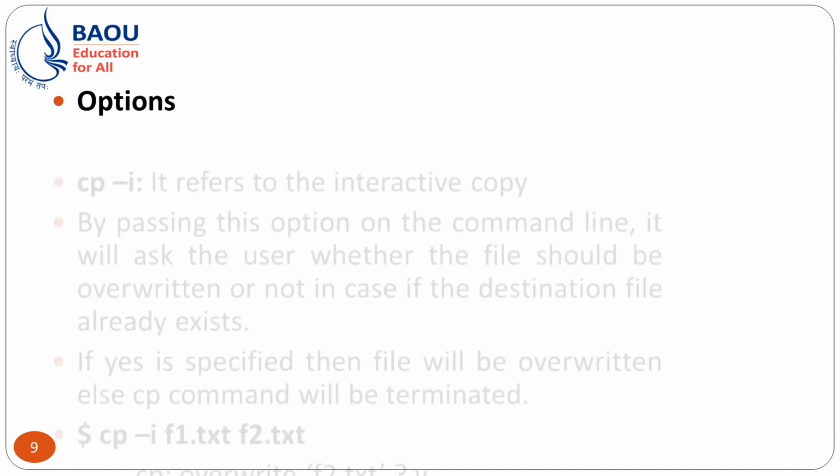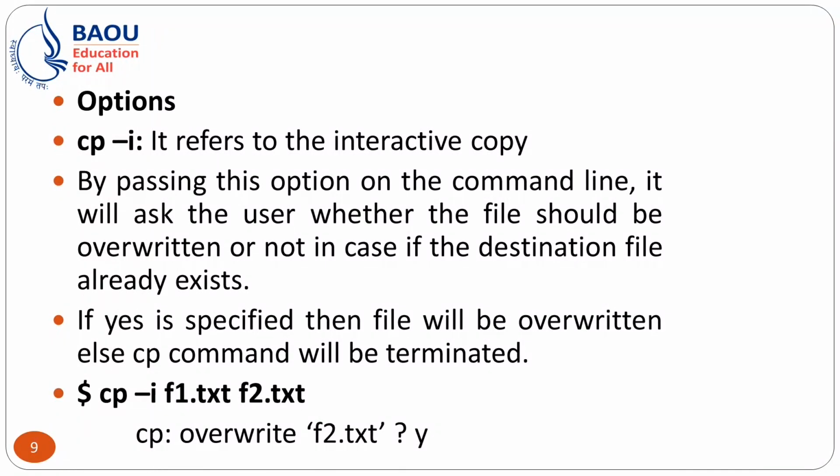Now which options can you use with the cp command? The first option is -i, that is interactive, right? As we have discussed in the example, suppose the file already exists and you are trying to copy the contents of one file into another file. In that case the contents would be overwritten.